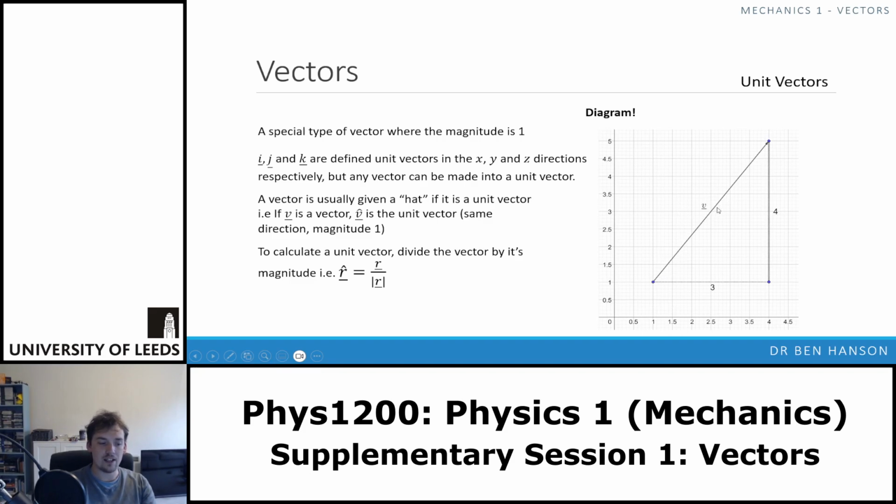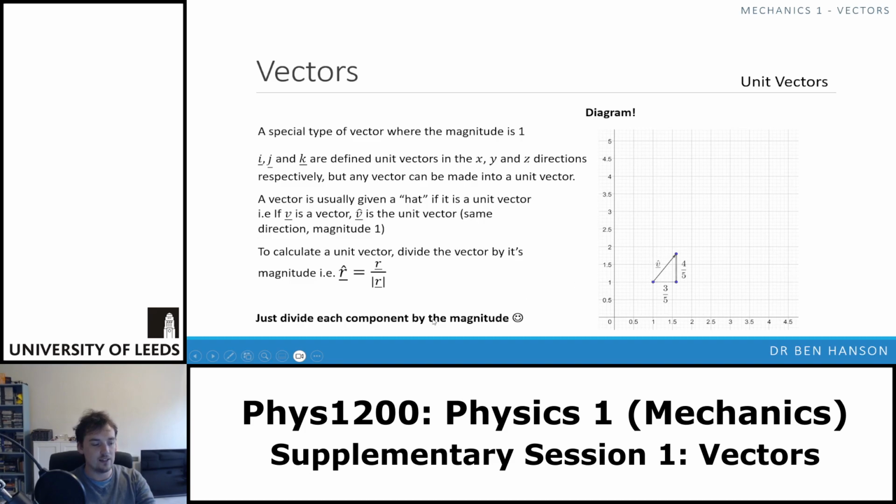If I want the unit vector, I'm going to have to scale everything down by 5. This is going to have to be 3 divided by 5, and that's going to have to be 4 divided by 5. So let's do that. 3 divided by 5, 4 divided by 5, square that, add them together, take the square root, and you'll find that the length of this is 1. So that's the vector, and that's the unit vector. Just divide each component by the magnitude, no problem.